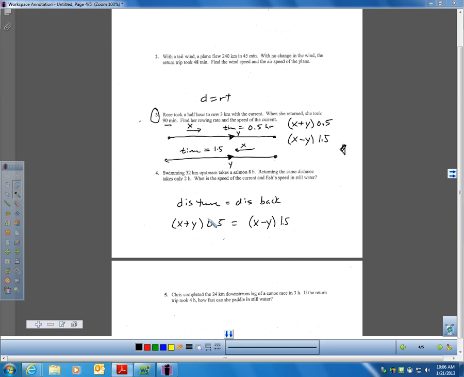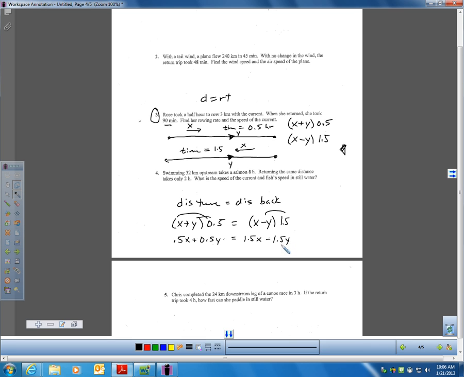We'll just solve it. So let's distribute: 0.5x plus 0.5y equals 1.5x minus 1.5y. Okay?